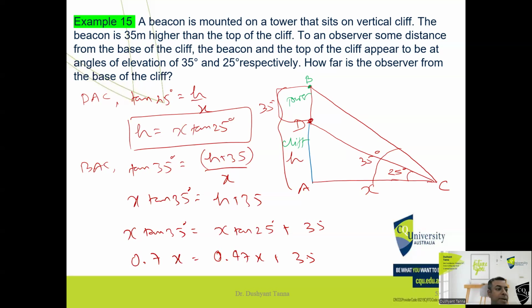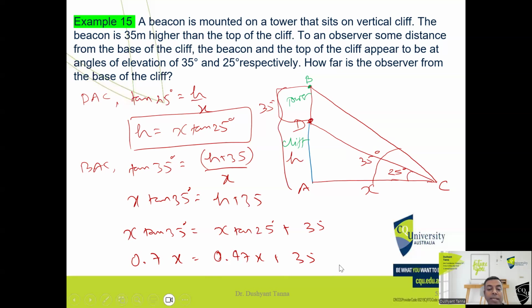Right. So 0.7 minus 0.47, so 0.23. Yeah. 35 divided by 0.23. Yeah. Once you solve it, I mean, like I said, the more decimals you keep here, the better your answer will be, right?